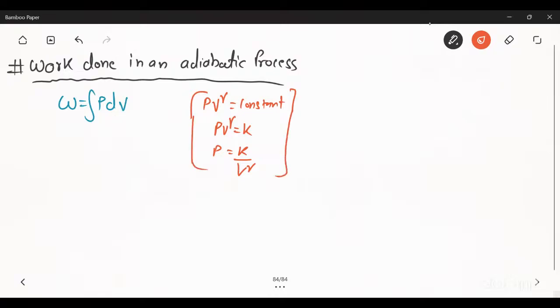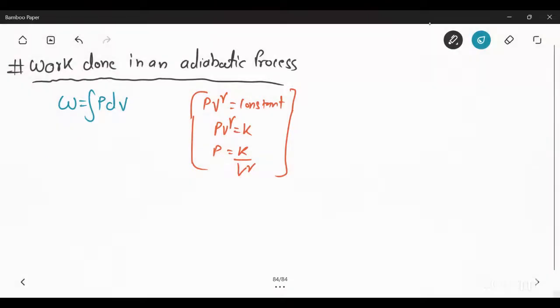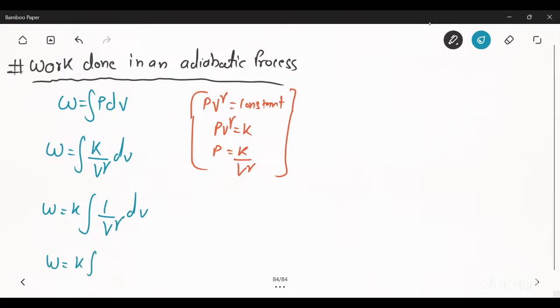So in place of P, I am writing K upon V gamma. So W is equal to the integration of K upon V gamma dV. So W is equal to K times the integration of 1 upon V gamma dV, so W is equal to K times the integration of V to the power minus gamma dV.